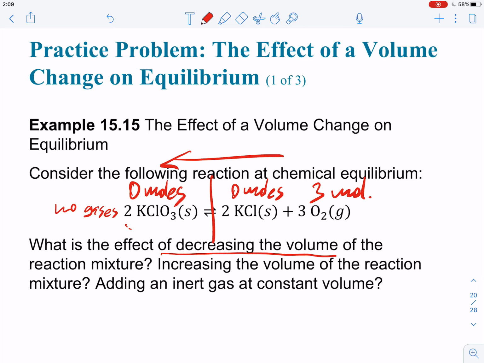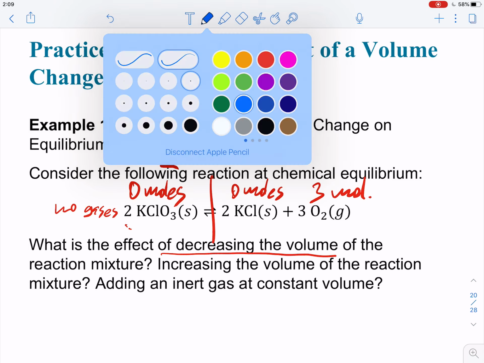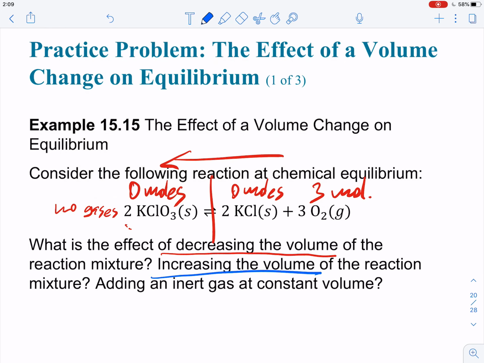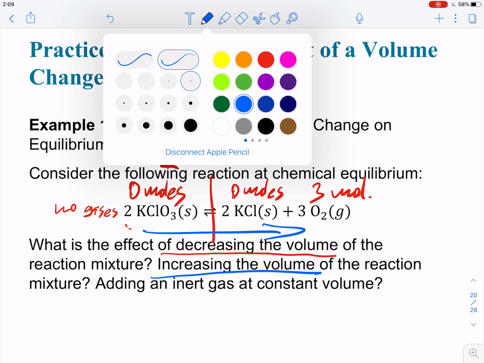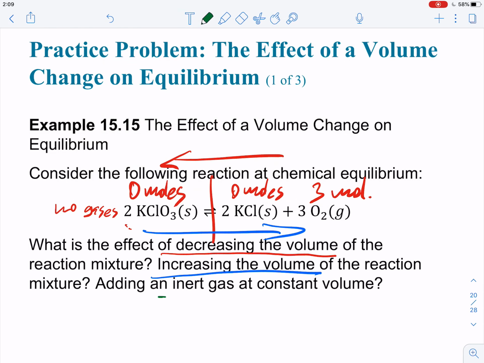Okay, what happens if you increase the volume? Increasing the volume, well, now you're favoring the side with the more moles of gas, so it will shift in that direction. And if you add an inert gas, if it's not participating in the reaction, then nothing happens.